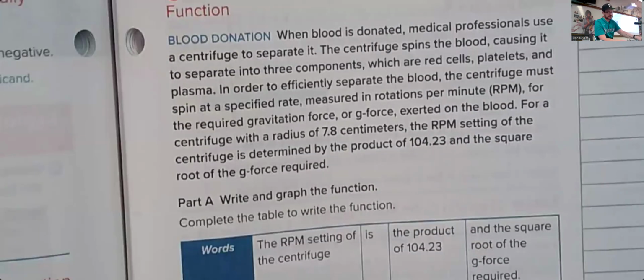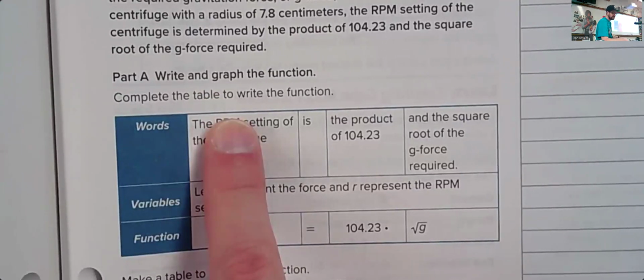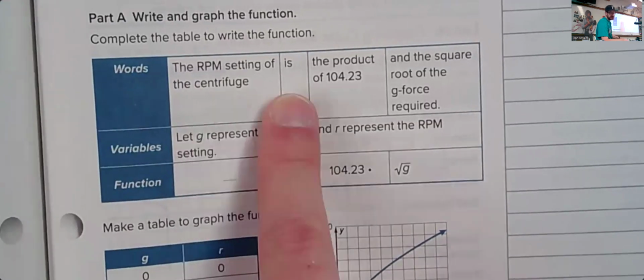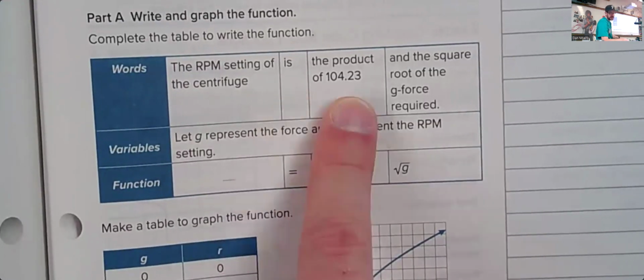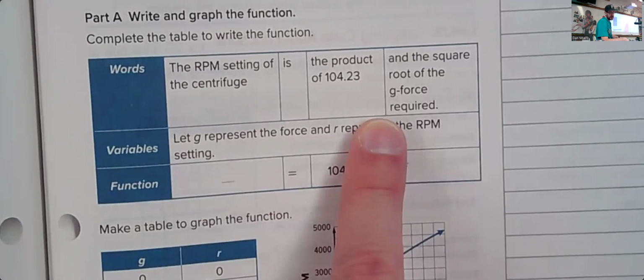So we're going to write and graph the function, and then we're going to complete the table and write the function. The words here: the RPM setting of the centrifuge is the product of 104.23 and the square root of the G-force required.